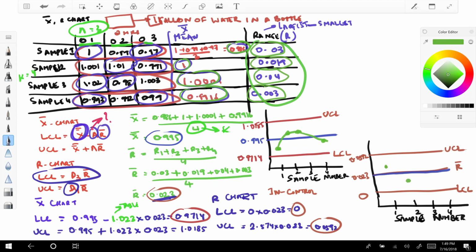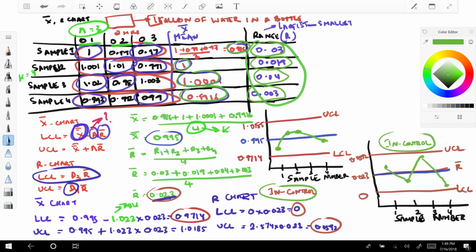The third one is 0.04, it will lie somewhere here, and then we have 0.003, which will be somewhere here. So if you join them, again you see all the points lie within the control limits, the process is in control. Based on both being in control, the entire process is in control.